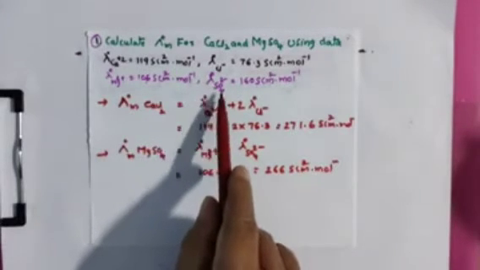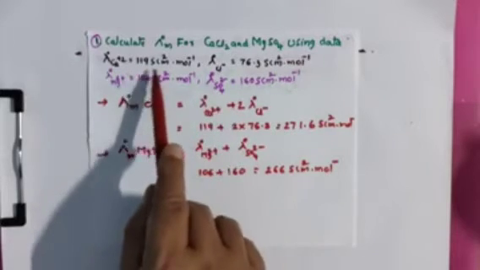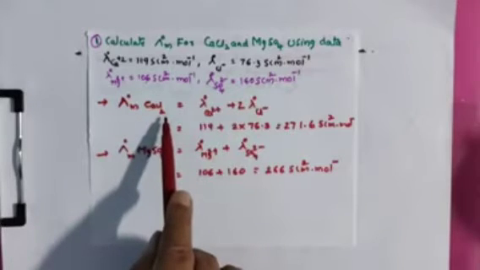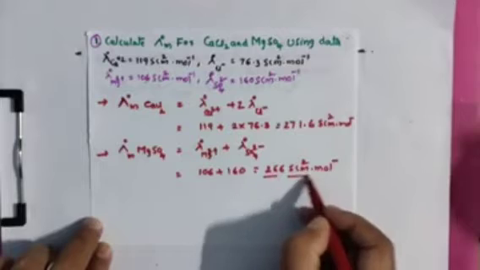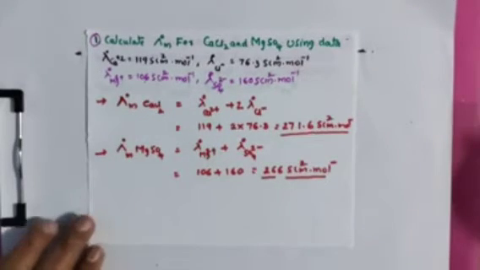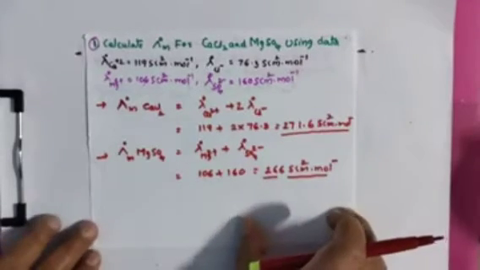Like this we can calculate easily. So the molar conductance of the ions is given and the molar conductance of the compound we have to calculate, and this is the method to calculate the molar conductance of given compounds. Clear? Easy. Go for another problem.